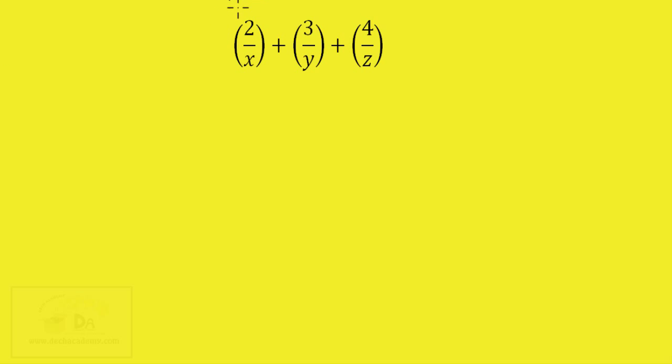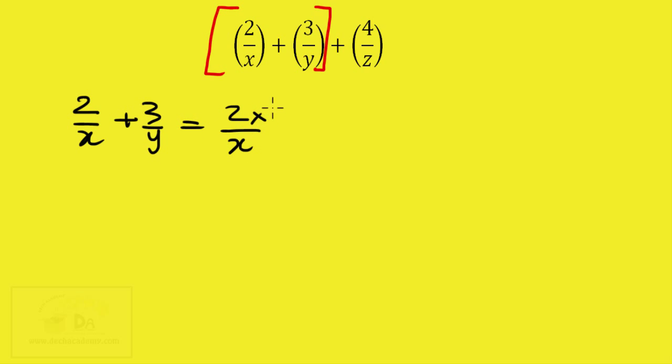So we can break this problem down into the following. We focus on this addition, then we add this result to this fraction. So just focusing on this expression, 2 over x plus 3 over y can be simplified by taking the first fraction and multiplying it through by the denominator of the second fraction.